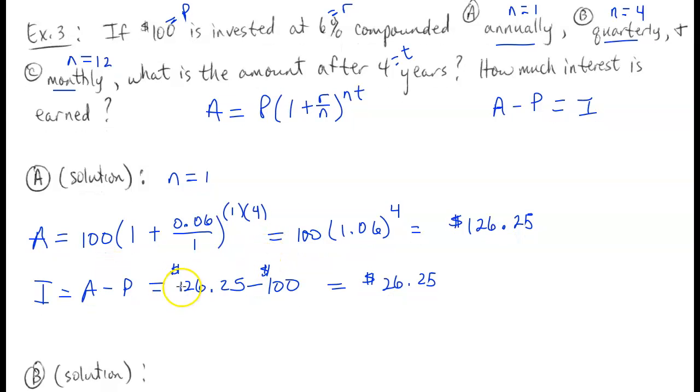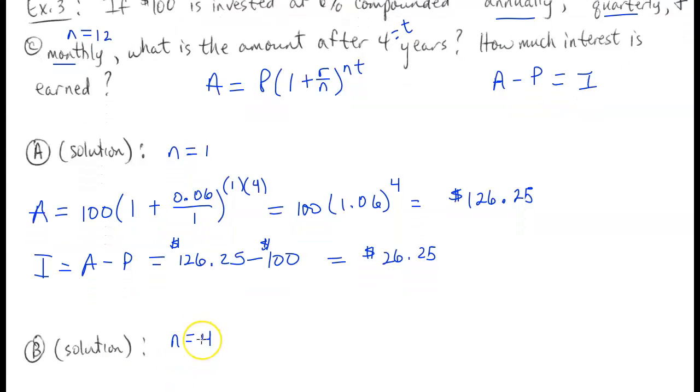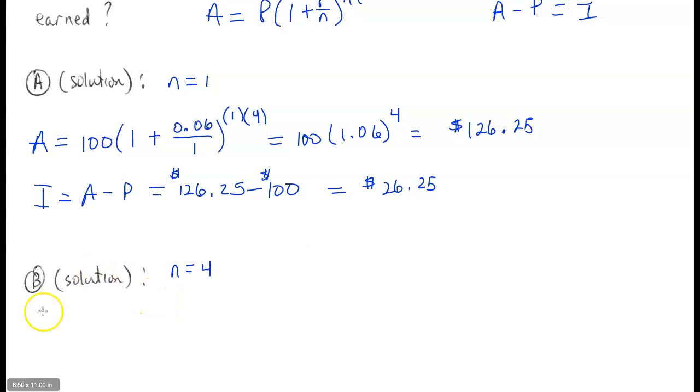Okay. So next, for our solution for B, we know that our compounding period is quarterly, so that means n is equal to 4. We're going to have 4 compounding periods per year, and we just repeat the process. So A is equal to P, 1 plus 6% divided by 4, and it's going to be 4 times 4 now in the exponent.